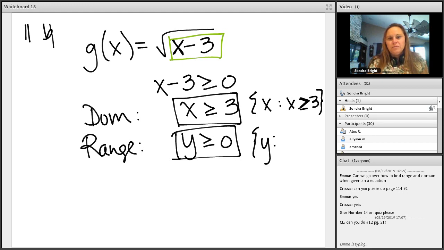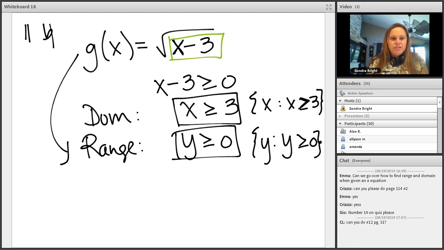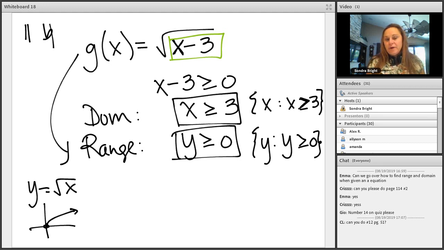Technically, the set of y such that y is greater than or equal to 0. If you graph this using transformations, y equals the square root of x looks like the upper half of a sideways opening parabola. And so using transformations, this is a shift.